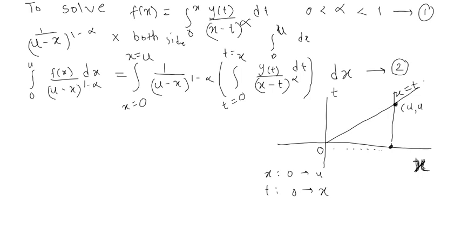So x is varying from 0 to u, and that means x is varying in this region. And t is varying from 0 to x. So x is this line, x equal to t, the one which you can see in blue color.